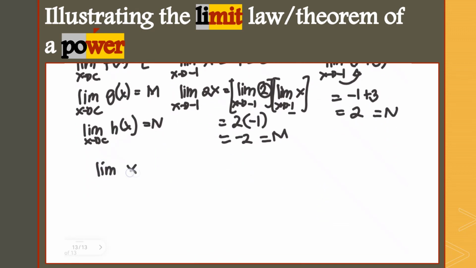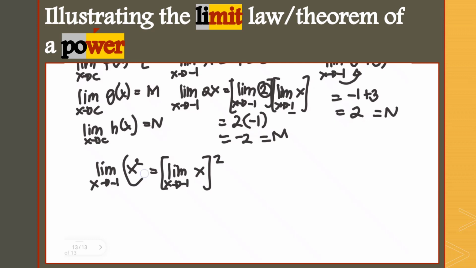Now let's have an illustration here for this limit theorem. What if we have the limit of x squared as x approaches -1? Of course, this is very easy to understand because we can just automatically substitute. But to illustrate this theorem, we can simply put this into perspective. The limit of x as x approaches -1, and you have the square of that. This is the limit theorem for a power.